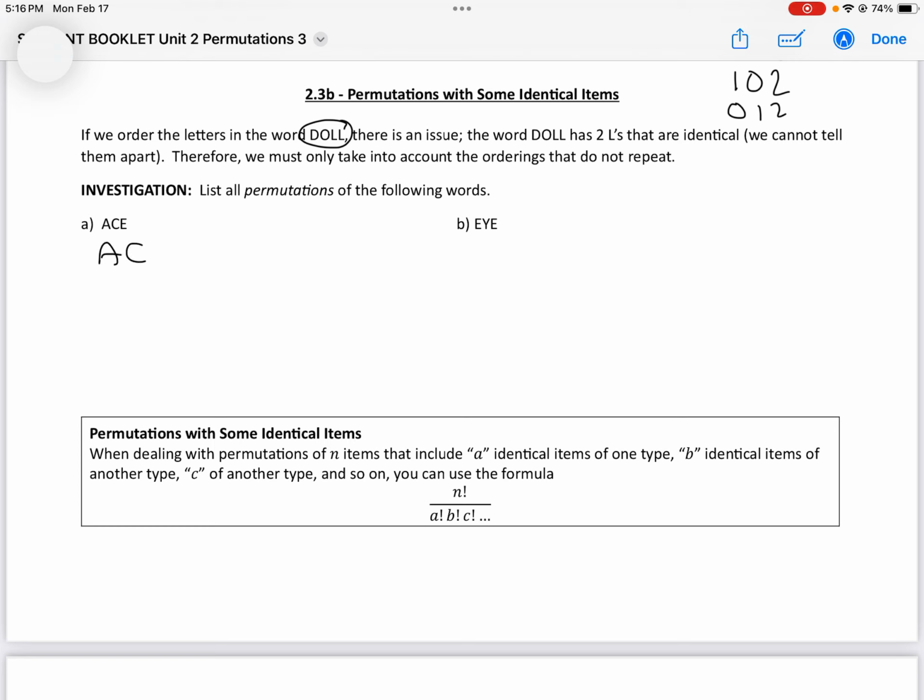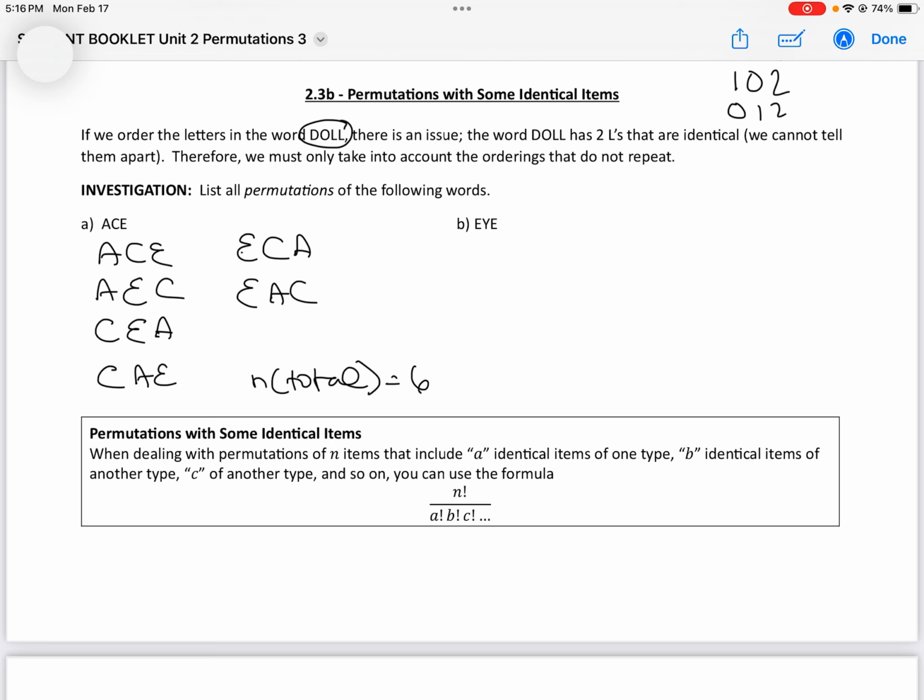So ACE, AEC. Then let's start with C, CEA, CAE. Then let's start with the E, ECA, EAC. So there are a total of 6 different ways or different permutations of the word ACE.